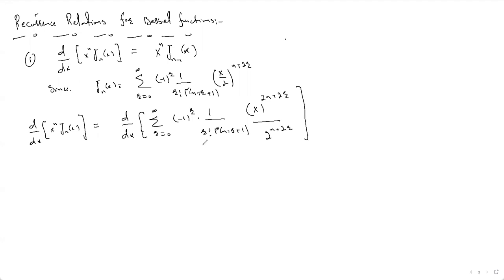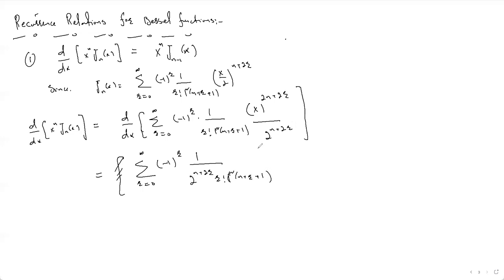Now simply what I will do is find the derivative with respect to x. All of this is constant here, so I can find the derivative of this function. When you find the derivative, you write this simply as summation r running from 0 to infinity, minus 1 raised to power r, divided by 2 raised to power n plus 2r, which I will write first, then r factorial into gamma of n plus r plus 1, right?